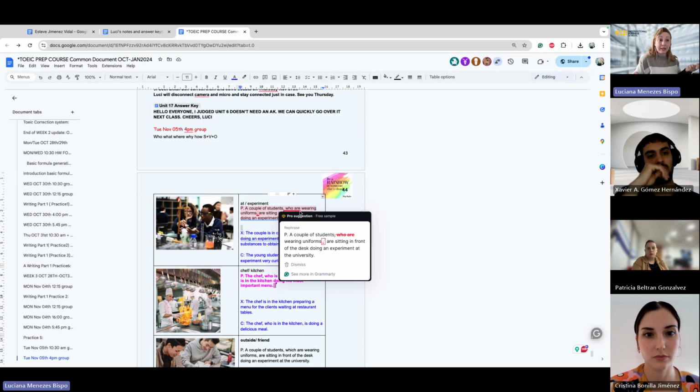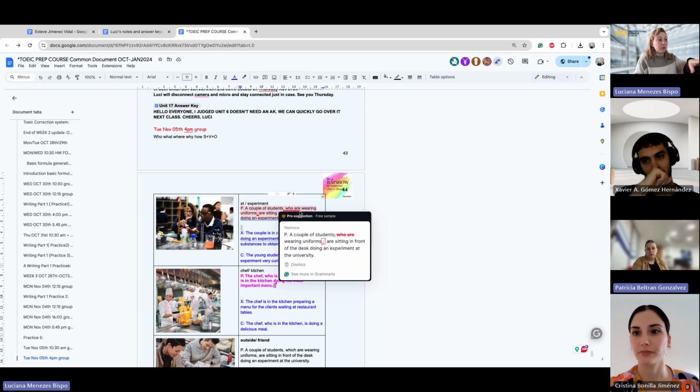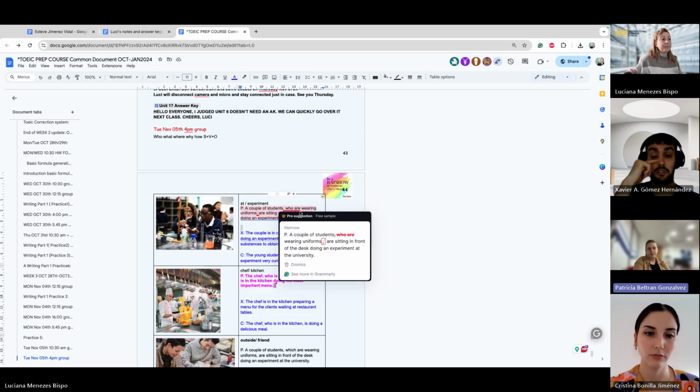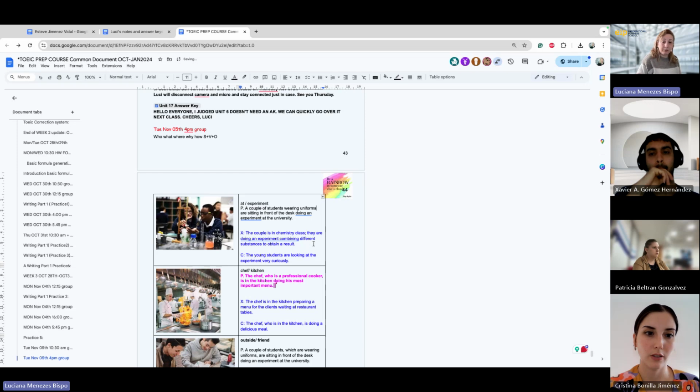But in this case, we are looking for relative clauses just because we know TOEIC likes relative clauses. So it is not that it's wrong, it is that you can omit this. But again, if you want to sound more advanced, you can do that. Okay?